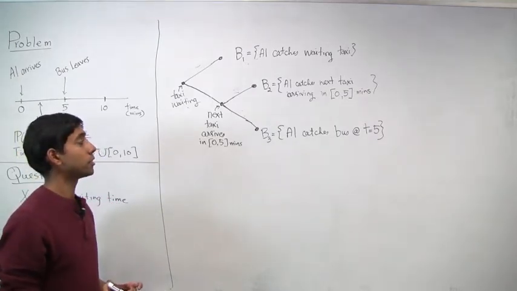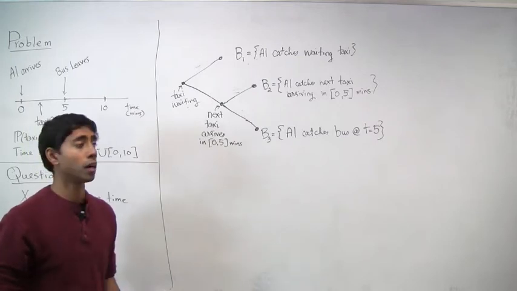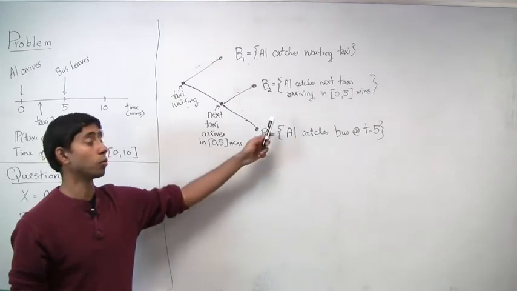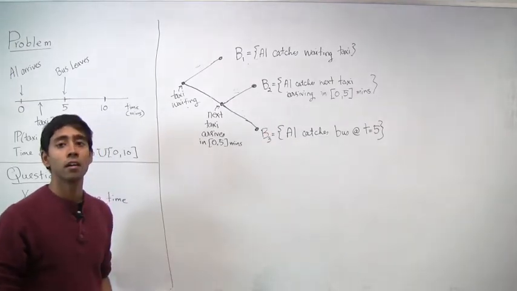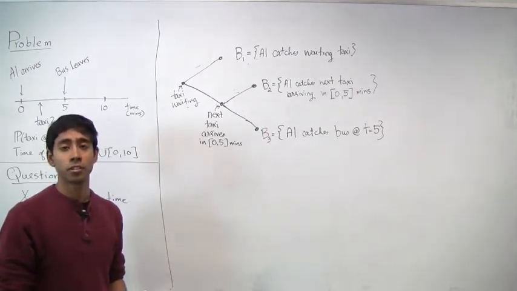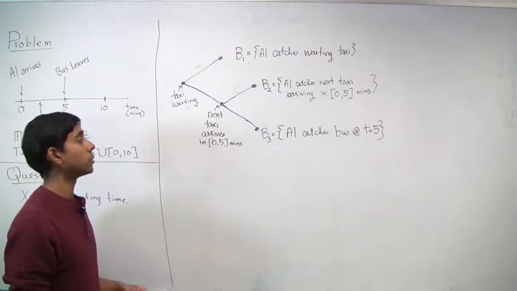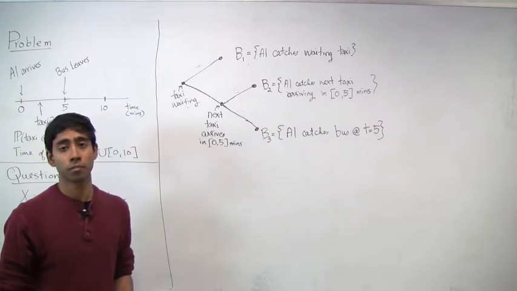Notice that these three events are disjoint. So Al catching the waiting taxi means he can't catch the bus or the next arriving taxi. And it also covers the entire set of outcomes. So in fact, B1, B2, and B3 form a partition.